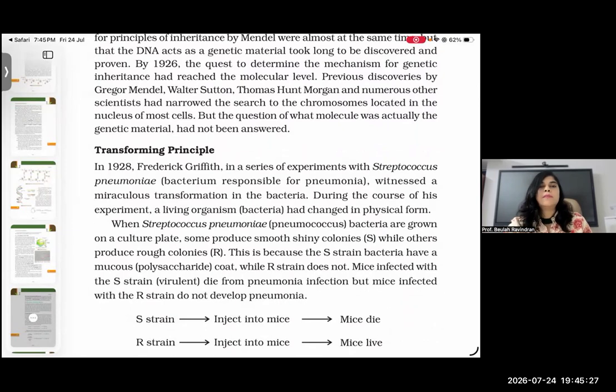Then we have Frederick Griffith in 1928, and the transforming principle. What is the transforming principle? It is a series of experiments with bacteria.